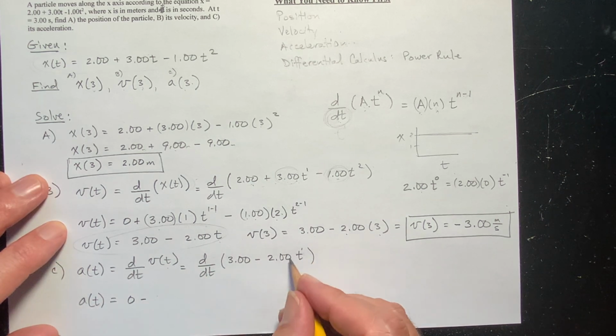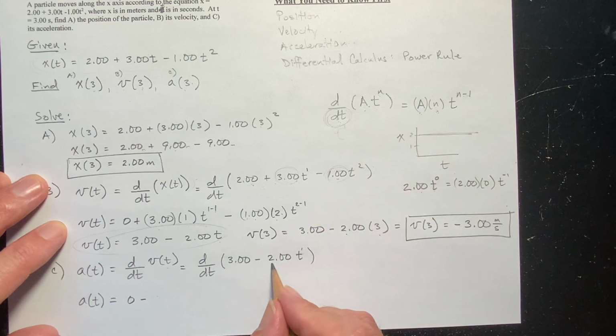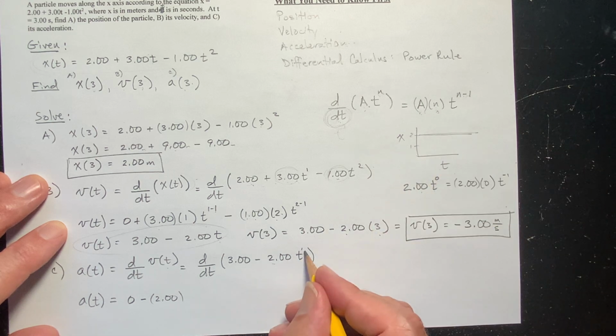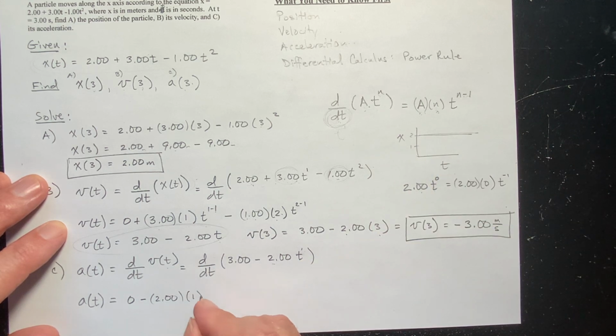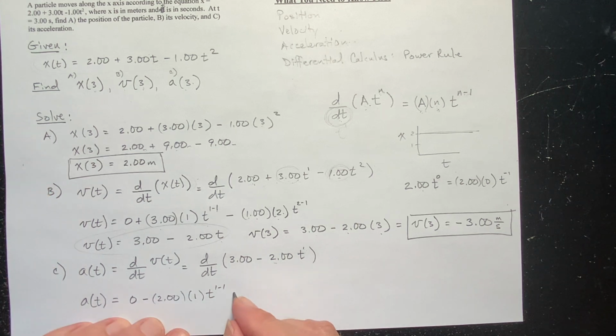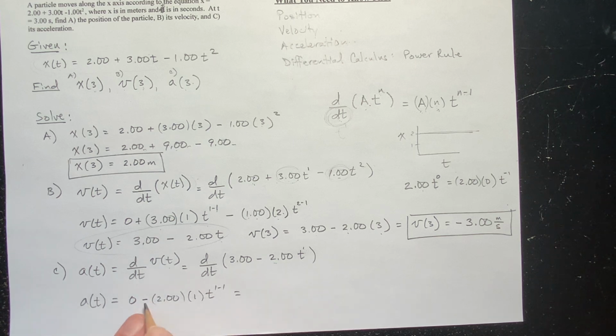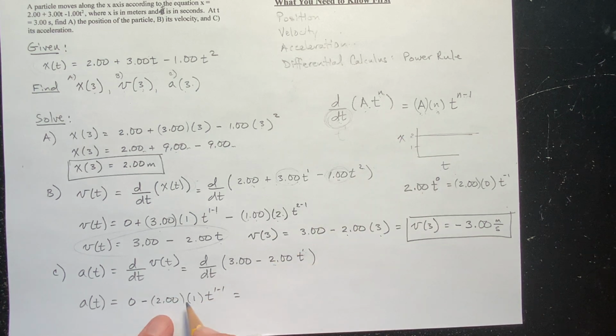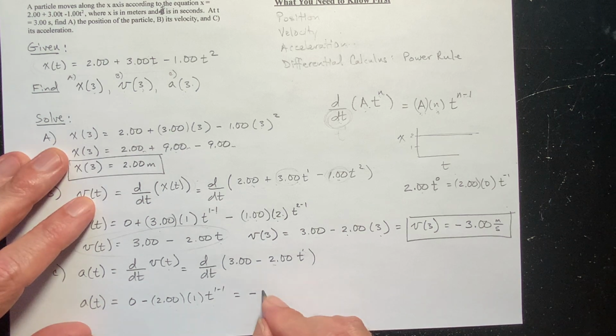Well, we take that using the power rule, 2.00, that's kind of my constant here, and then bring this exponent down, and then this is going to be 1 minus 1. And just like we did before, you have negative 2 times 1. And what is t to the 0 power? That's 1 as well. So 2 times 1 is 2, but it's got a negative in front of it, so it's going to be negative 2.00.